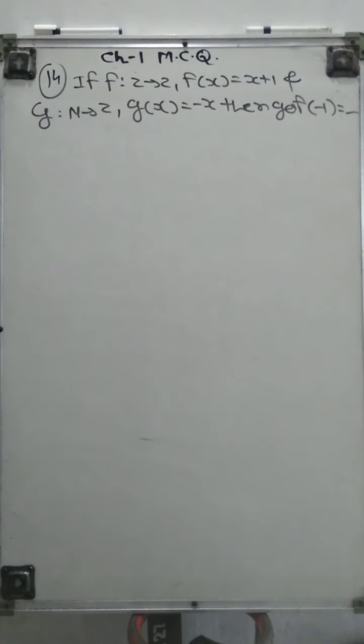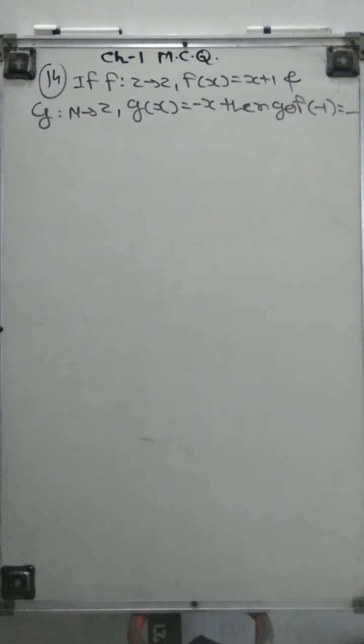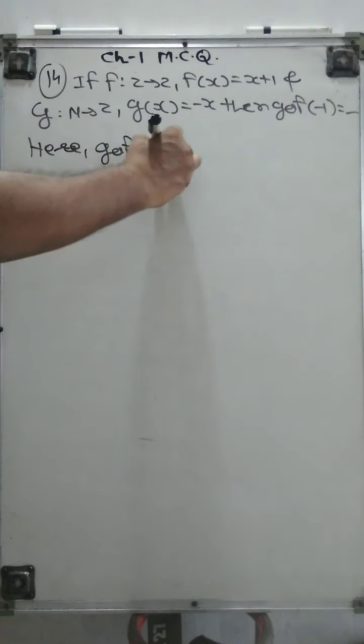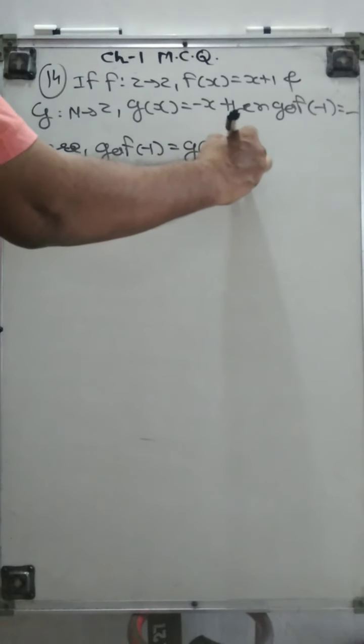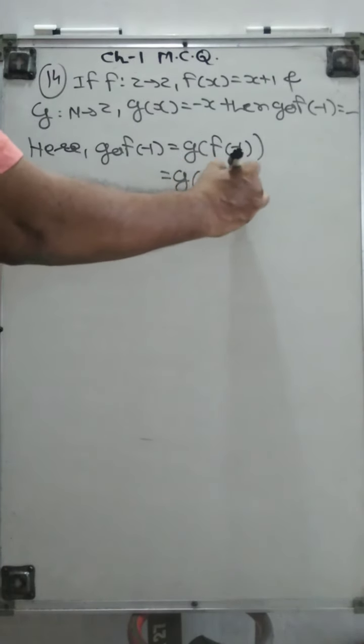Okay, 14th sum. If f from Z to Z, fx equal to x plus 1, and g from N to Z, gx equal to minus x, then what is GOF minus 1? So here GOF minus 1 is equal to g bracket f minus 1. Right? So here g, f minus 1 means minus 1 plus 1, it is g0.